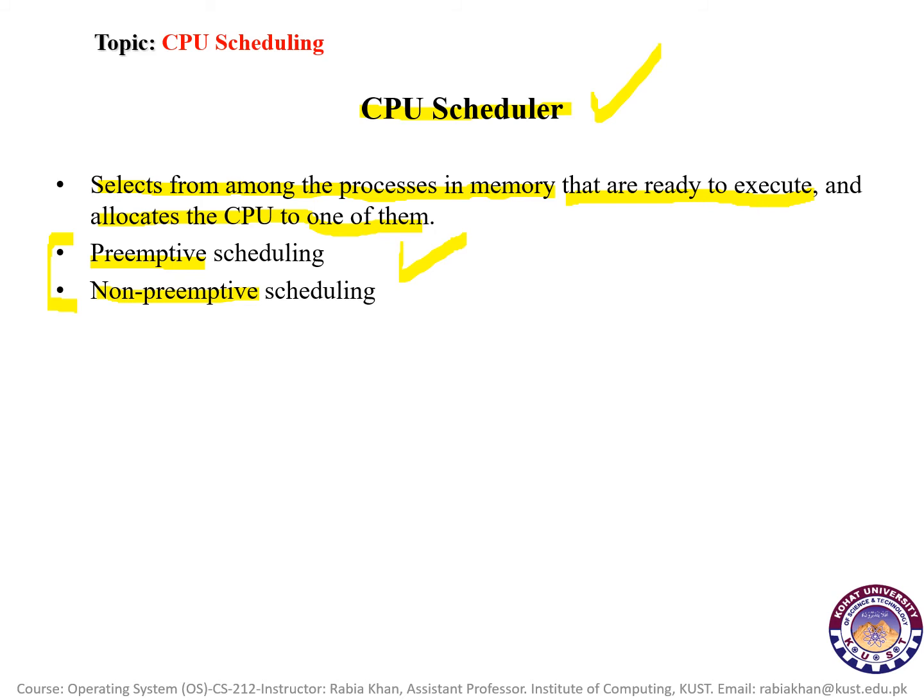So it shows two types of scheduling of CPU. In preemptive scheduling, if a process is executing on CPU, the CPU scheduler stops the execution of that process, takes CPU from it and assigns CPU to some other process. While in the non-preemptive version, for a process which is executing on CPU, the CPU scheduler has no capability to stop it and take CPU from it. So these are the two flavors of CPU scheduling.